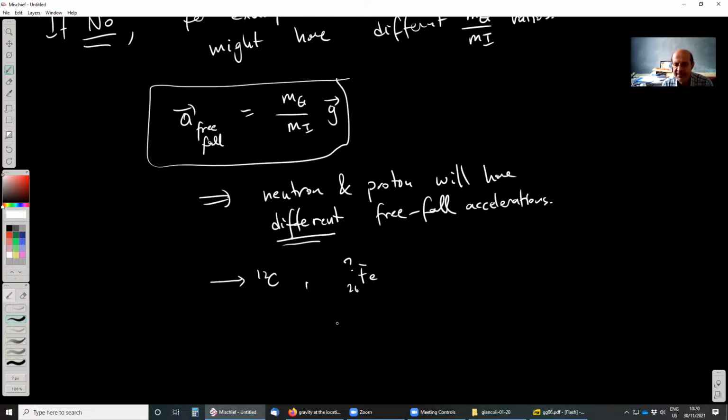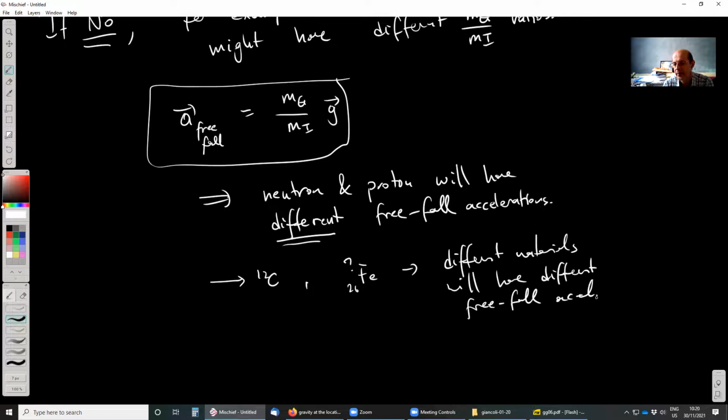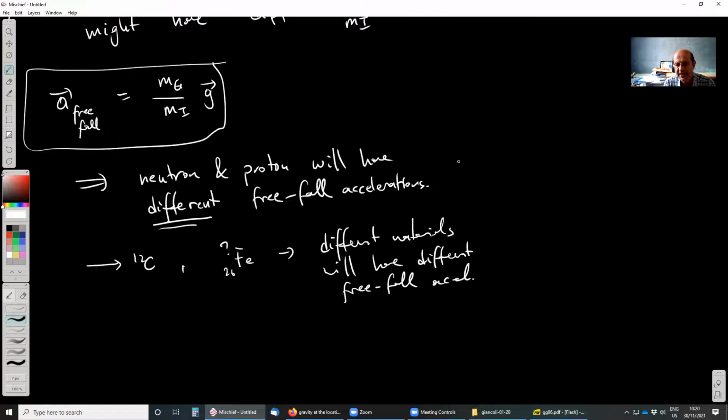So that means different materials will have different free fall accelerations. And different isotopes, yes.